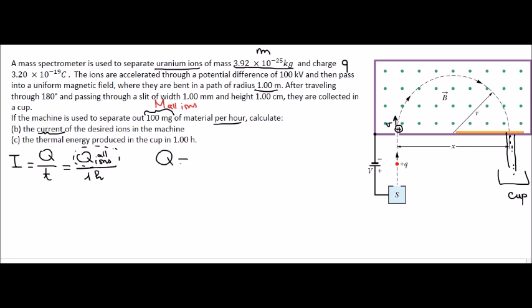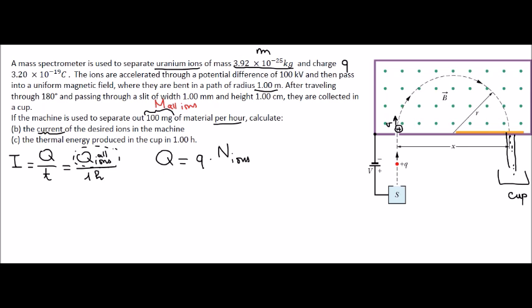I can write simply that the total charge during 1 hour is the charge of one ion times the number of ions. How many ions are there? So again, the total charge collected during 1 hour, Q, is the charge of one ion times the number of ions that are separated during 1 hour.